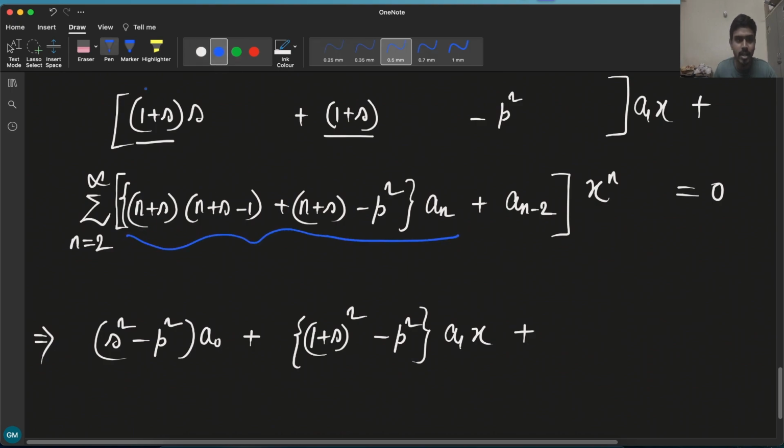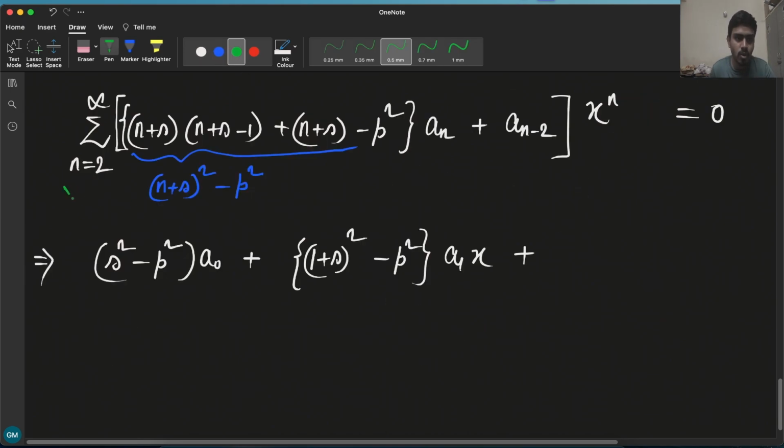So this term I can simplify as, I can take this n plus s common, then we are basically left with n plus s whole square minus p square.